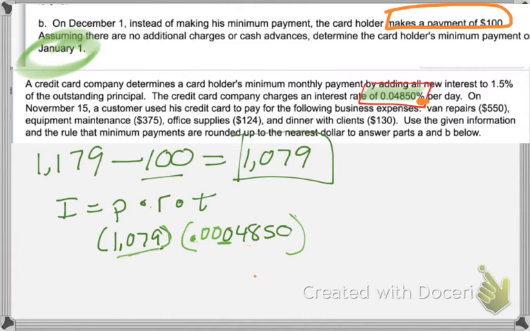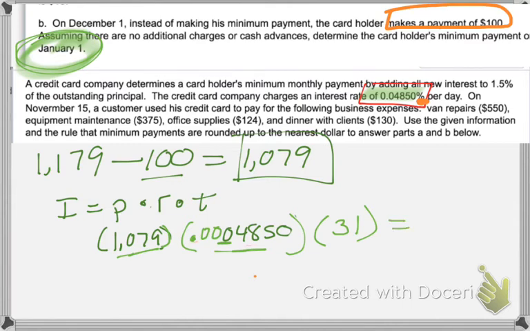So my principal is my 1,079. My rate is this decimal number. And my amount of time is how many days, if we're going to make our payment on January the 1st. We borrowed the money for the whole month of December, and there's 31 days in December. So we multiply these 3 figures together.